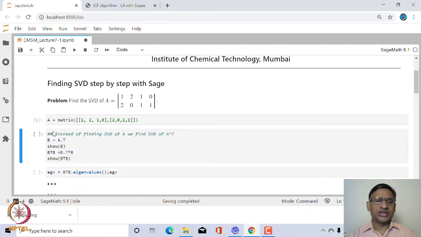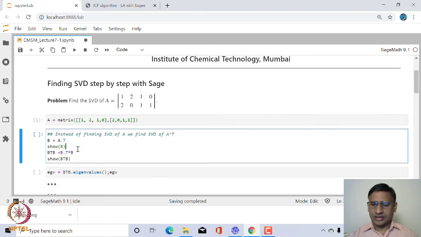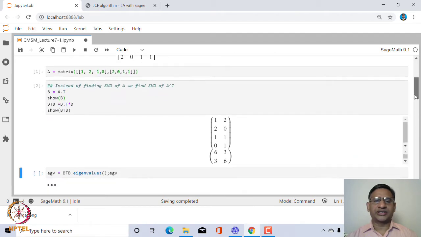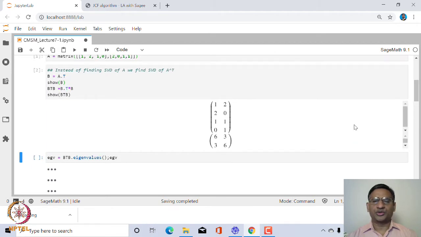So it will be easier for us to find eigenvalues and eigenvectors of a 2 cross 2 matrix. So let us define B to be A transpose and then define B transpose B as BTB. We need to find eigenvalues and eigenvectors of B transpose B. So B transpose B is the matrix 6 3 3 6.